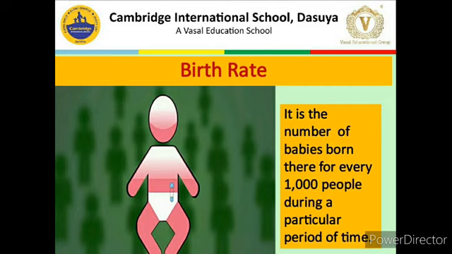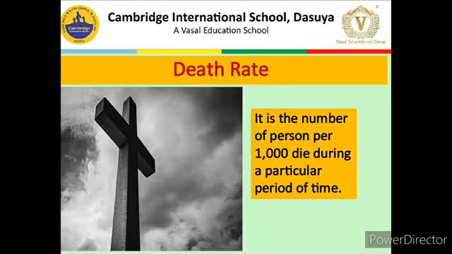Next index is birth rate and death rate. Birth rate is the number of babies born for every 1000 people during a particular period of time. Birth rates have dropped to 22.1, while if we talk about the death rate, which means number of people per thousand who die during a particular period of time.